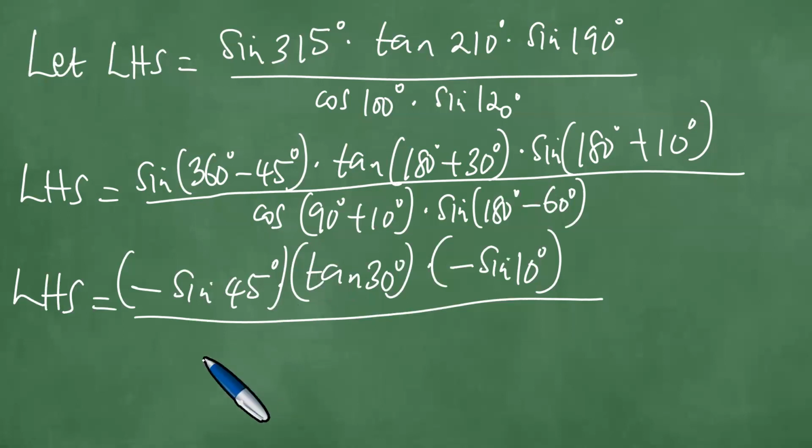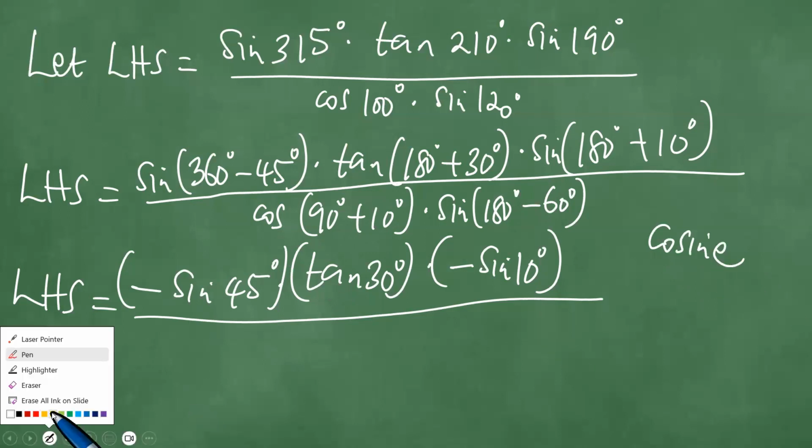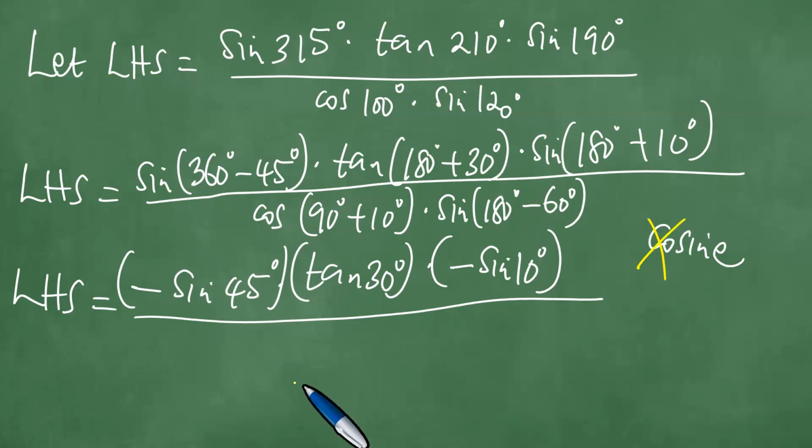We use the Coco rule, which says if there is a co in the word cosine, you do away with the co and you're left with a sine of 10 degrees. We've already said the cosine is negative in the second quadrant, so it's going to be negative.